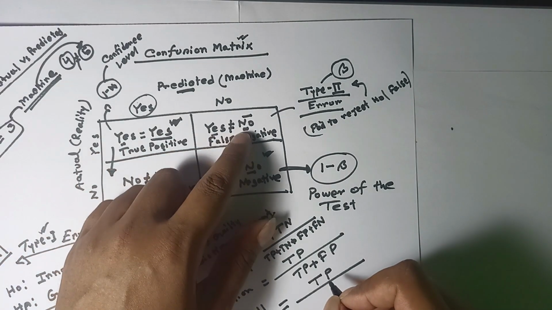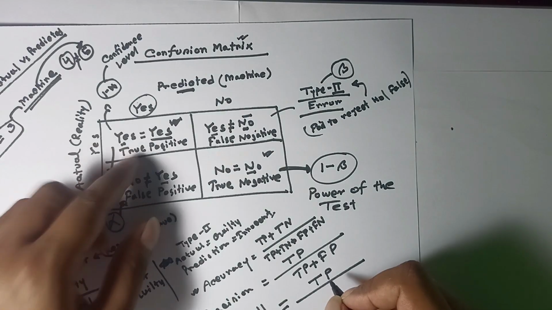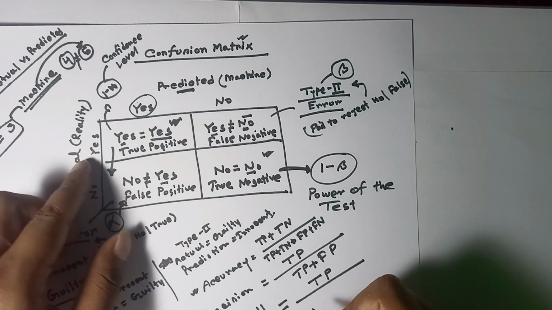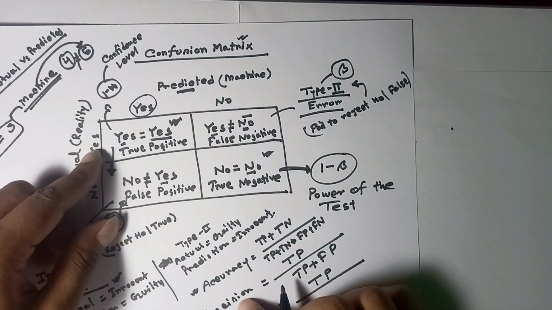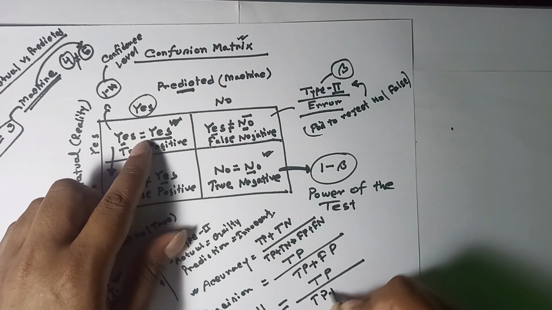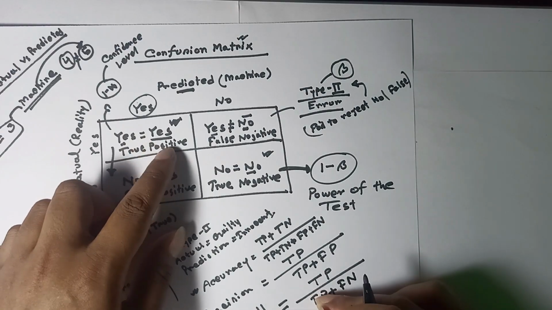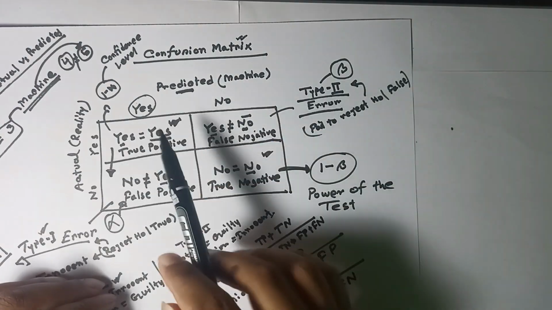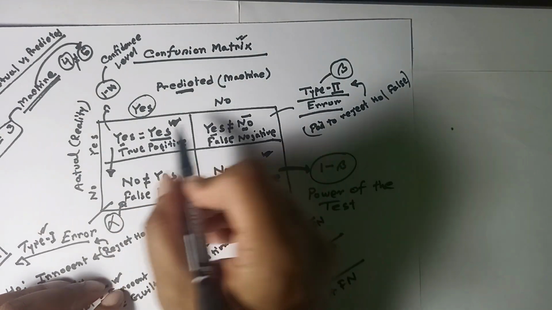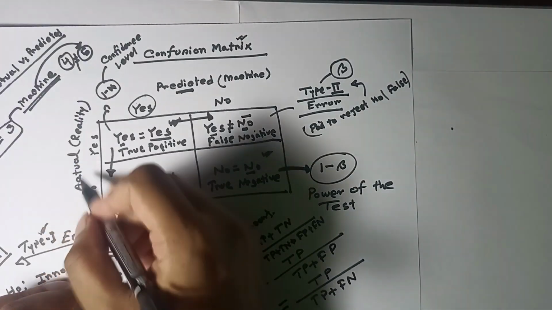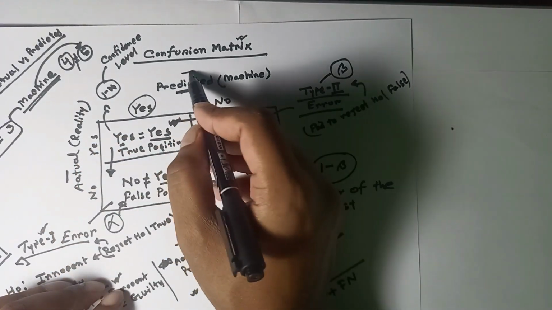Among all actual positives, how many did you catch as positive? Precision deals with prediction. Recall considers the opposite: among all actual positives, how many were caught? So TP plus FN. This is recall. Again, to remind you: recall deals with actual, precision deals with predicted.